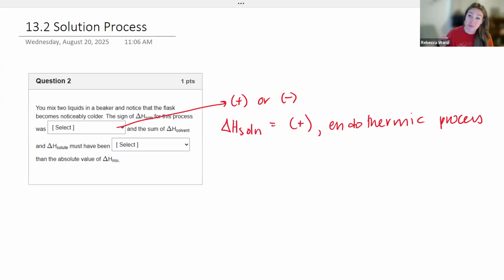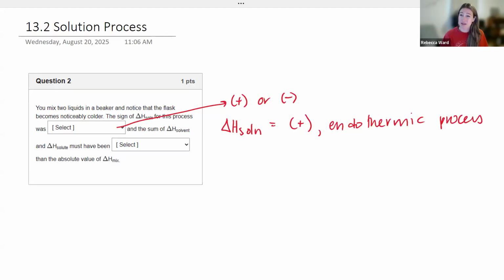Okay, so to make this mixing process happen, we needed to absorb, and by we, I mean now I am the molecules in that liquid flask, we need to absorb that thermal energy. Some of that thermal energy is converted into making these new interactions, which apparently cost us energy.